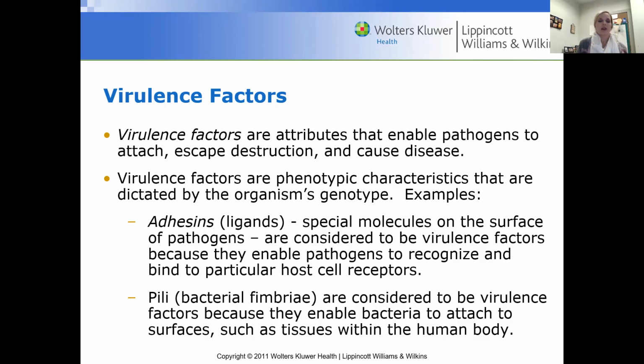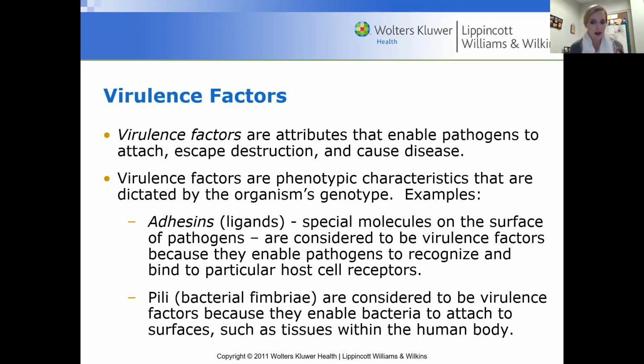So that's what that is. Virulence factors are attributes that enable these pathogens to be virulent, essentially. They help them to attach, escape destruction, and cause disease. Virulence factors are phenotypic, which means visible characteristics that are dictated by the organism's genotype, which means their genetics.